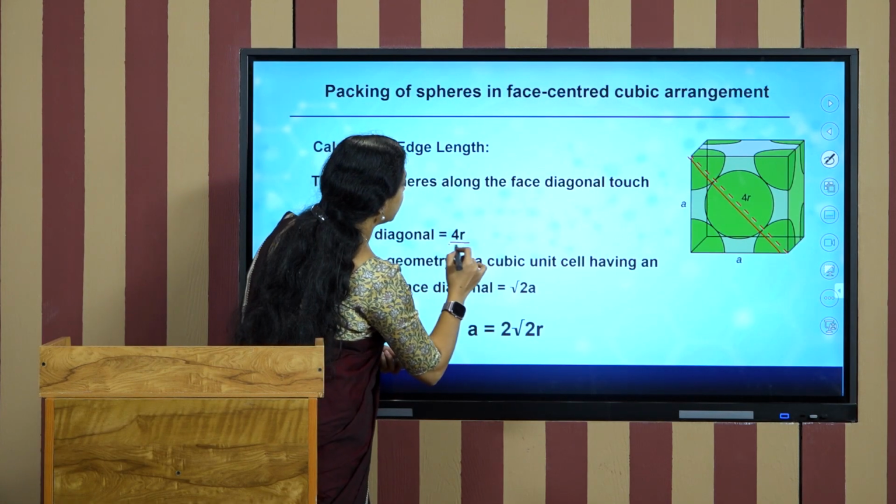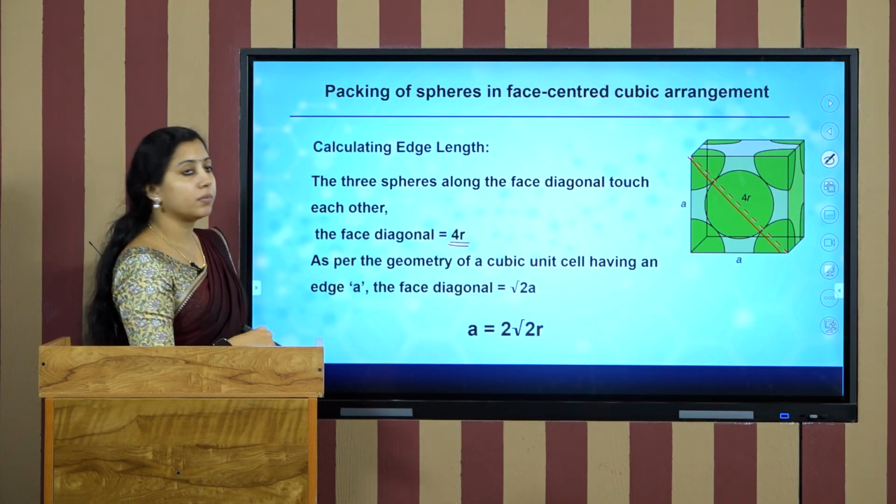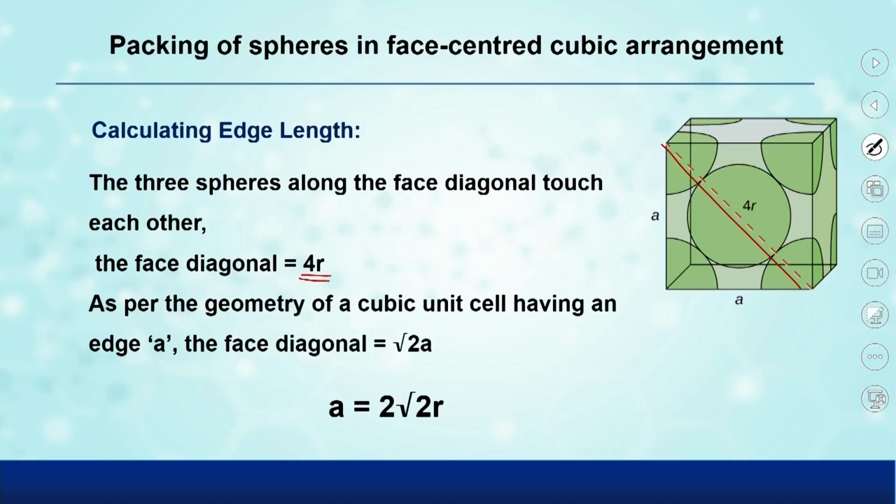That will be equal to 4r. And as per the geometry of a cubic unit cell having an edge a, the face diagonal will be equal to root 2a. Okay. So, we have 4r is equal to root 2a.